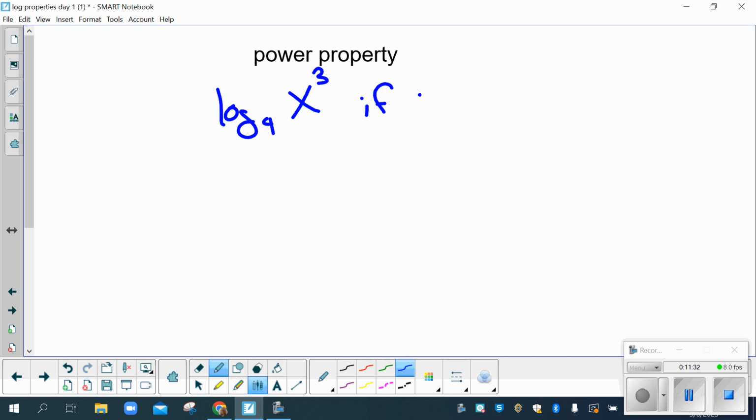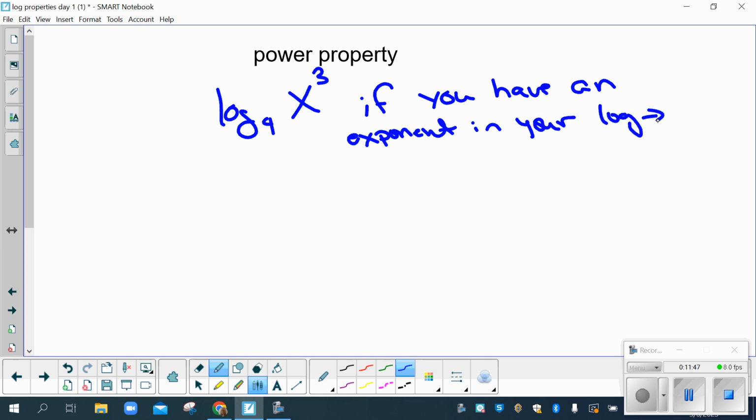If you have an exponent in your log, it can drop to the front.